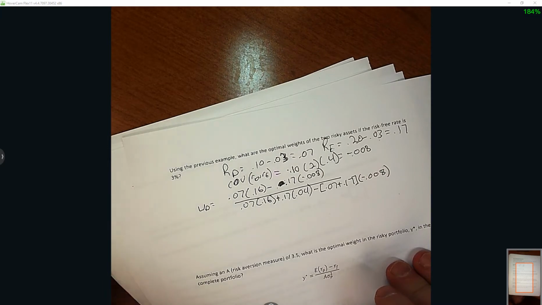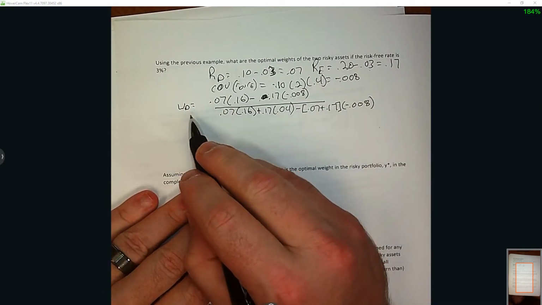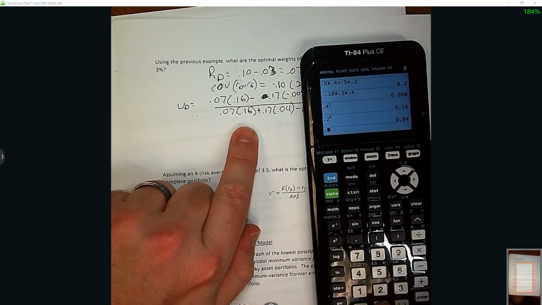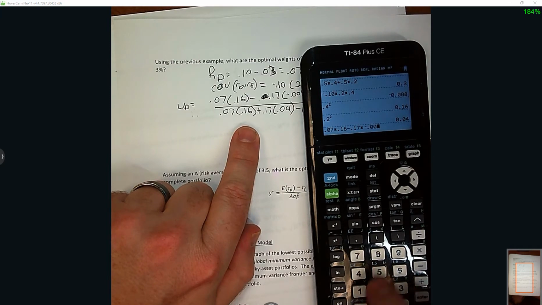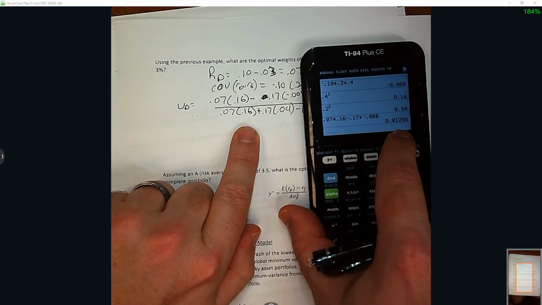All right. So again, I just followed that equation for calculating the weight of D. So my numerator is going to be equal to 0.07 multiplied by 0.16 minus 0.17 multiplied by negative 0.008. So that's going to give me 0.01256.